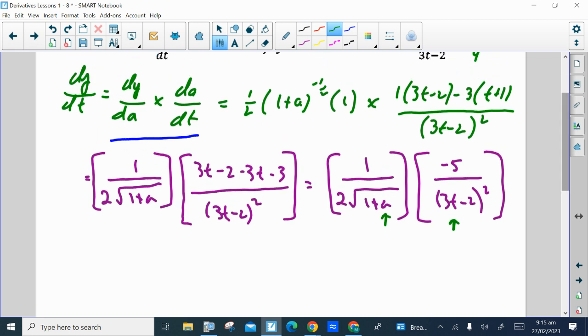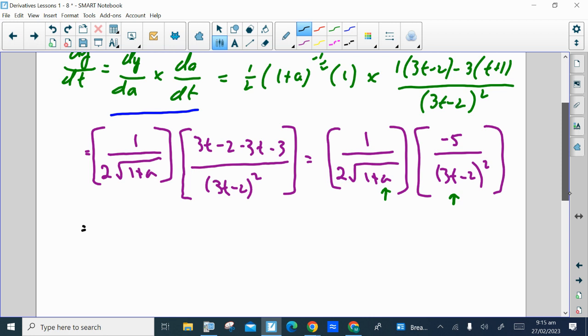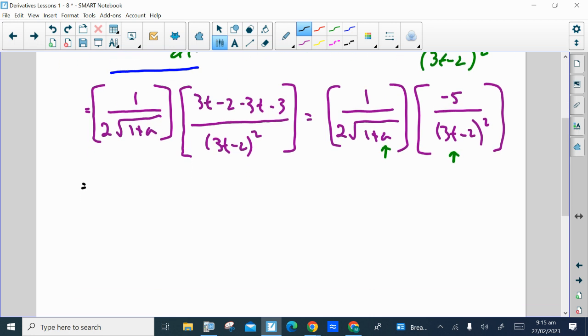So now we can plug those values in here to get the value of the derivative dy by dt at the moment when t equals 2. So we're going to have 2 on the bottom times the root of 1 plus a, which we found to be 3/4.